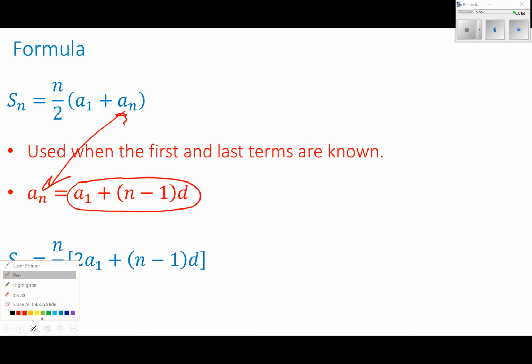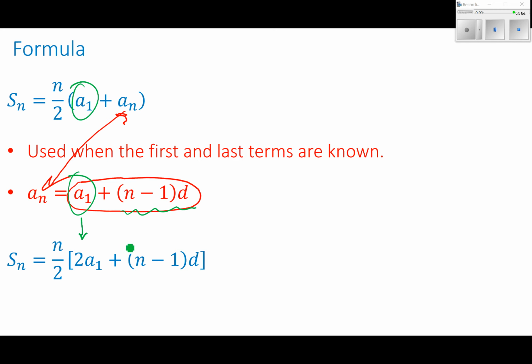All right, so not to confuse you, but I'm going to write on the screen here a little bit more. So a sub 1, that's why I have 2 a sub 1s. And then just plus n minus 1 times d. So the second one looks more complicated, but all they're doing is expanding out what a sub n really is. Each formula will work. This one will work every single time. This one, you have to know what the first and last terms are.